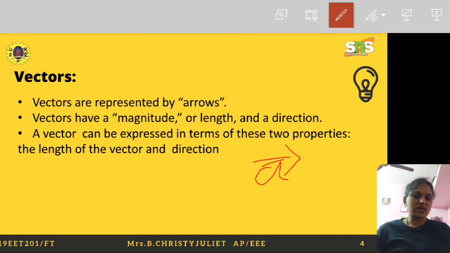So these vectors are represented by arrows, with a magnitude given by length and also a direction. And this vector can be expressed in terms of these two properties, the length and the direction.